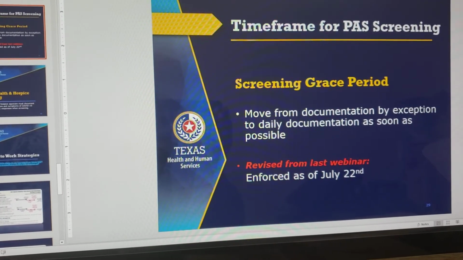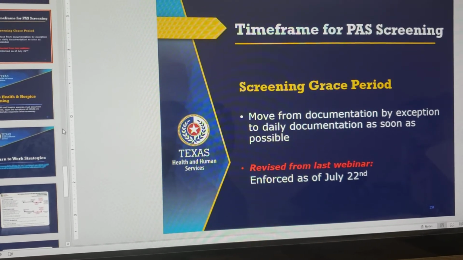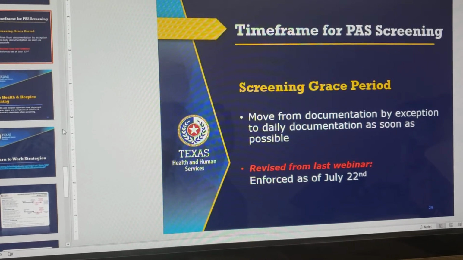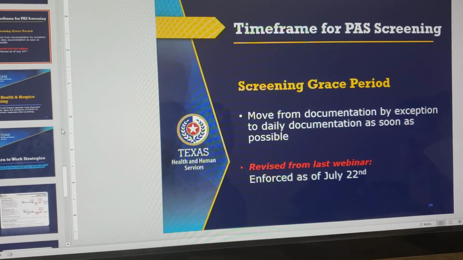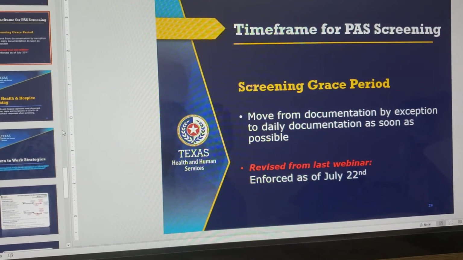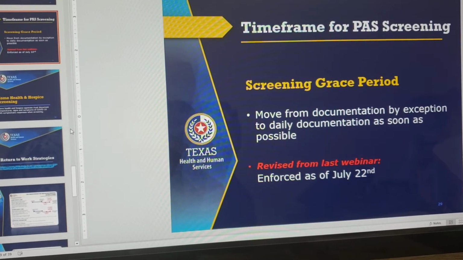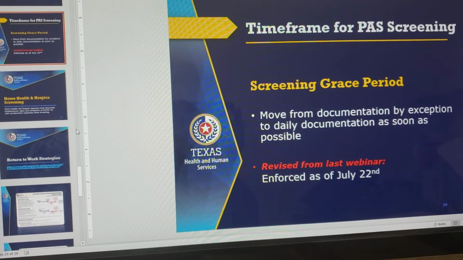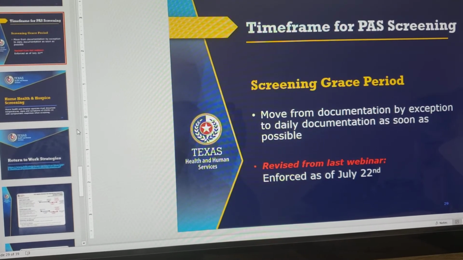So the time frame for PAS screening, you do have a grace period that is on the alert. We were hoping to get this out a few days earlier, but it did get kind of hung up in the process of getting posted. And so we are expecting now that you move from documentation by exception to daily documentation as soon as possible, and we'll be enforcing that as of July 22nd.